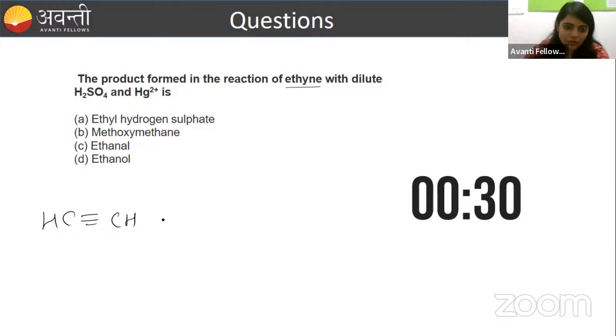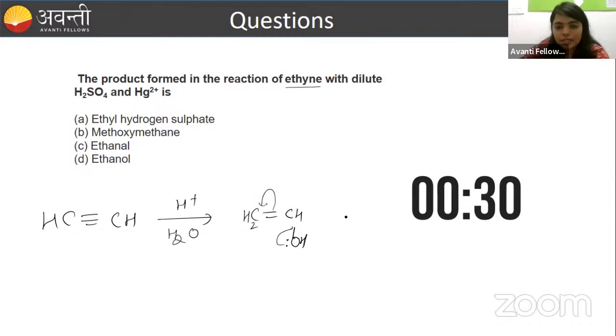We have also discussed this reaction. So in the acidic condition, water will add here, and you will get CH double bond CHOH. This enol system you will get, and then you have to do tautomerization to get CH3 C double bond O.